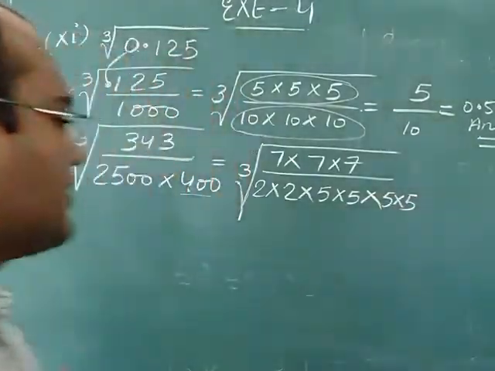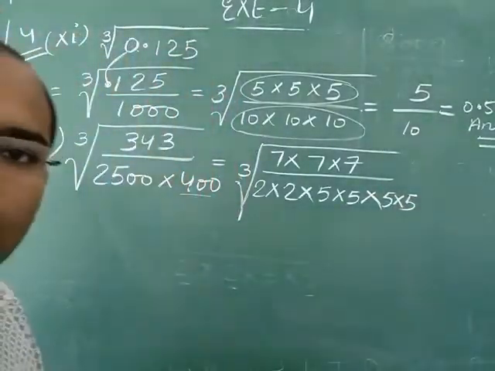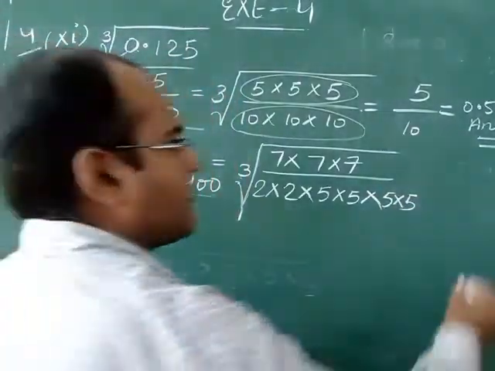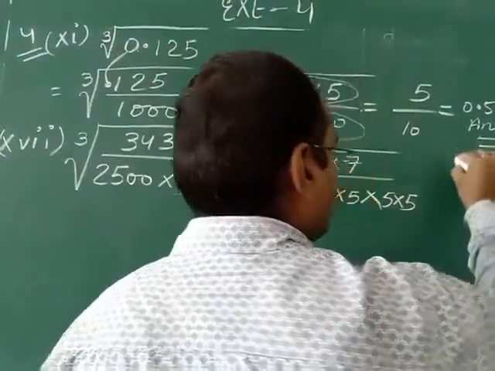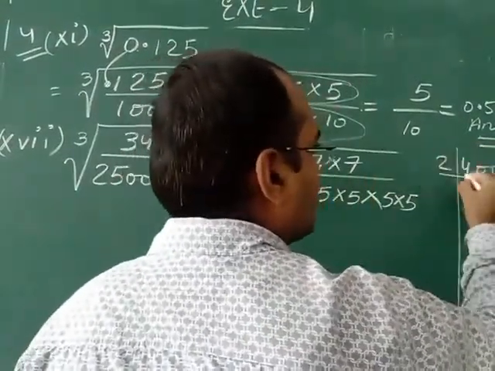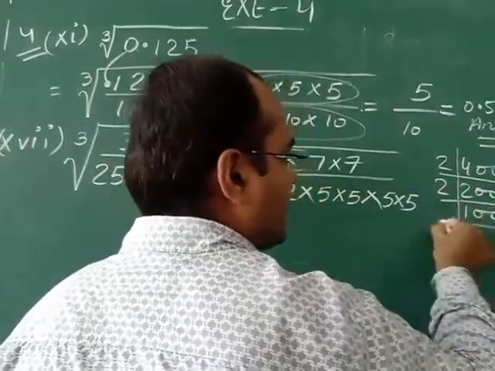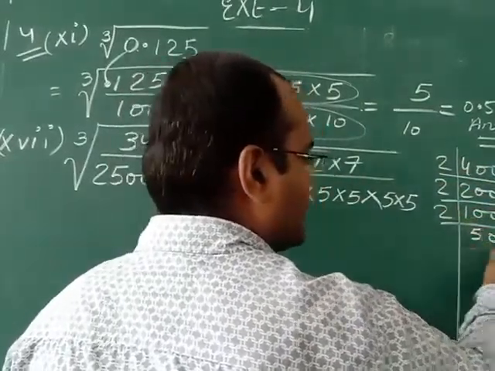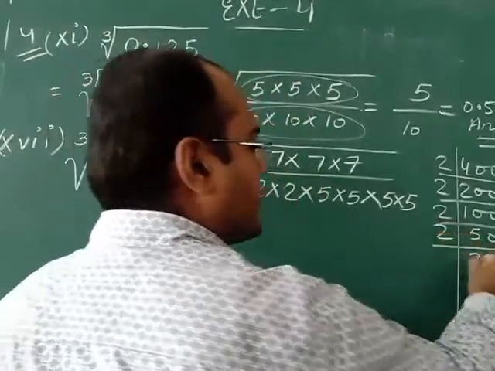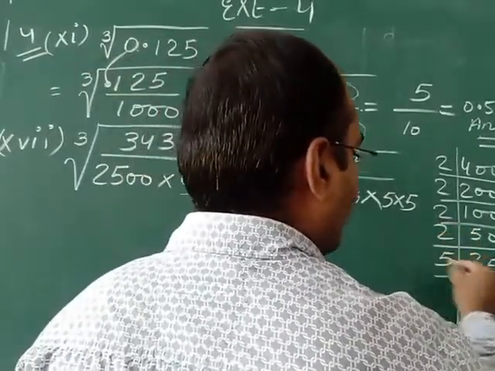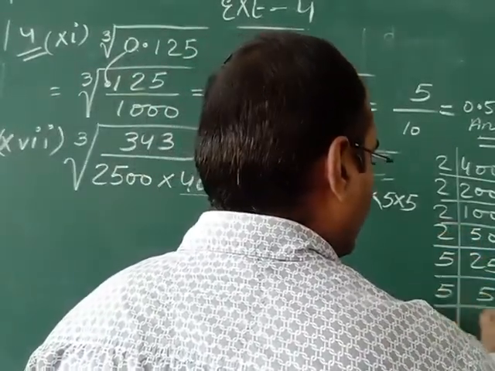Now in the denominator one more number is there, 400. We will take the prime factor of 400. 2 2s are 4, 2 200s are 400, 2 100s... 2 50s, then 2 25s, 5 5s, 5 1s.